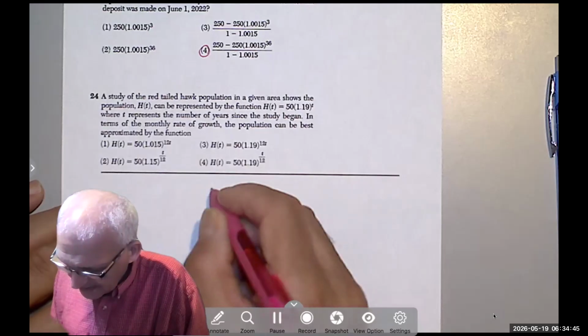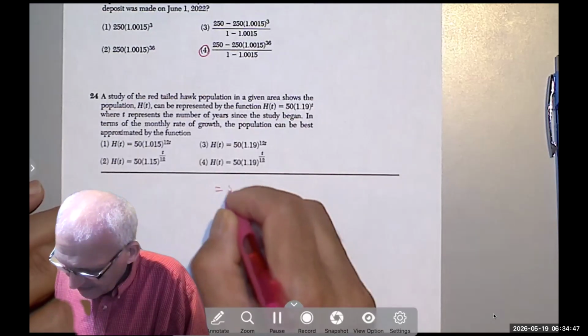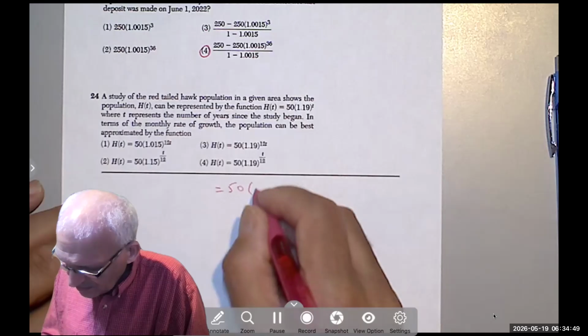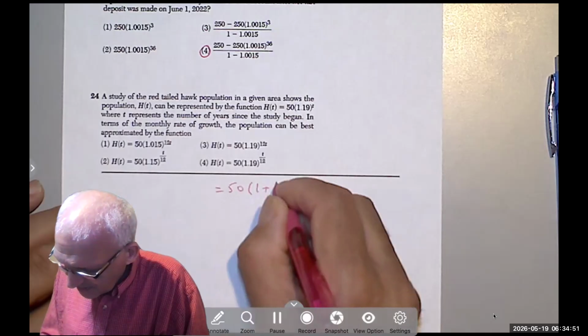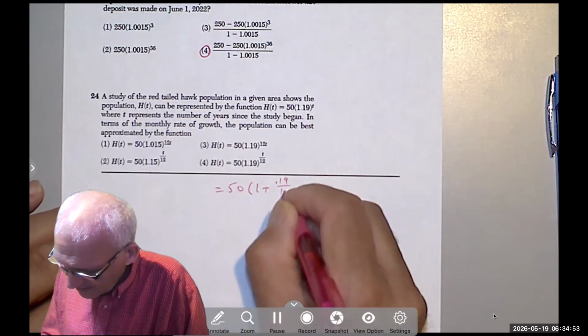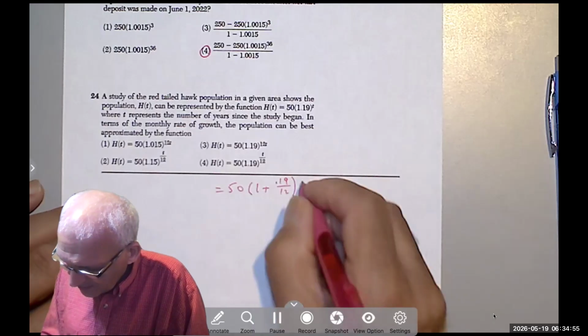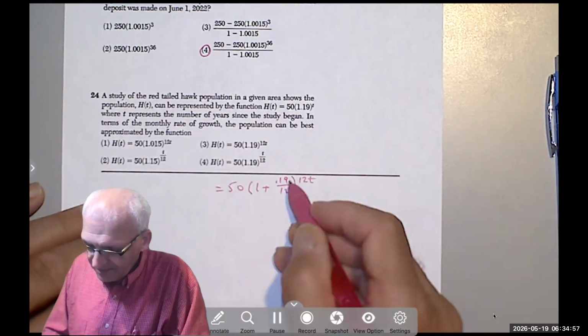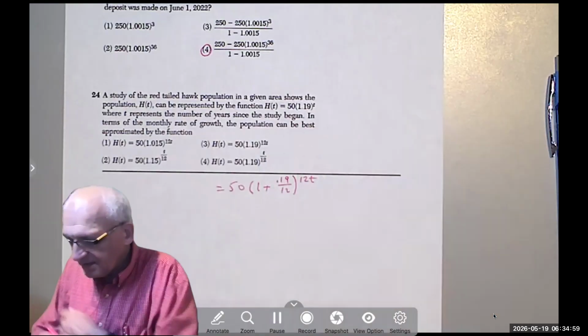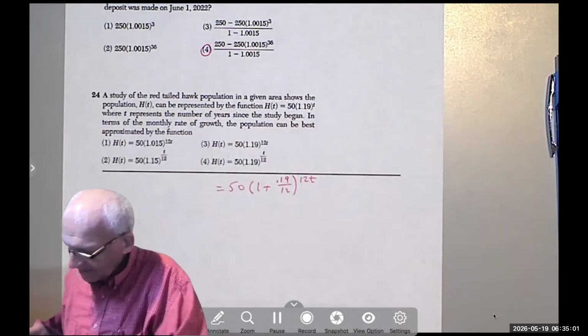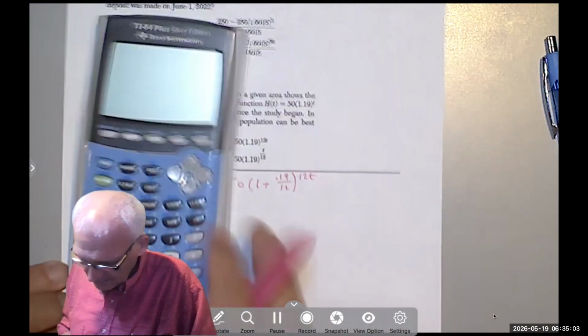So you can say it's 50 times 1 plus 0.19 over 12 to the power of 12t. You divide by 12 inside and you multiply in the exponent.